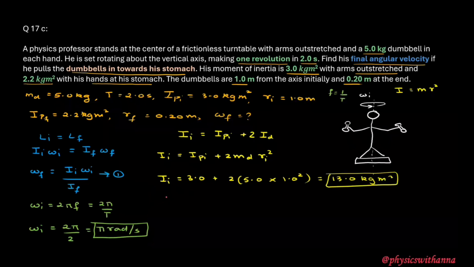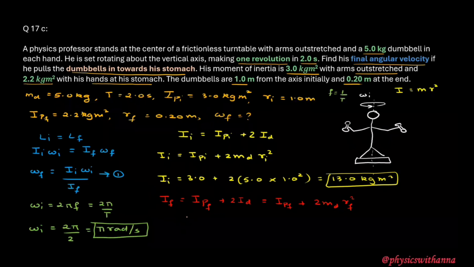Now we do the same thing to find the final rotational inertia. Final rotational inertia again will be the rotational inertia of the professor when his arms are closer to his stomach, plus again 2 times the moment of inertia of one dumbbell. This will be equal to Ip final plus 2 times mass of each dumbbell times r final squared, because this is at the final position.